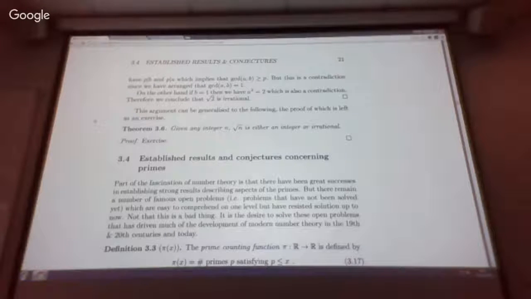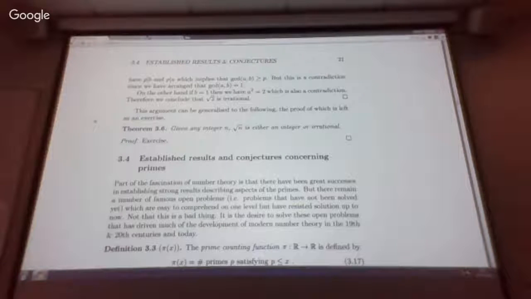So when you take the integers and you apply the square root operation, you either end up in the irrationals, or you end up back in the integers.